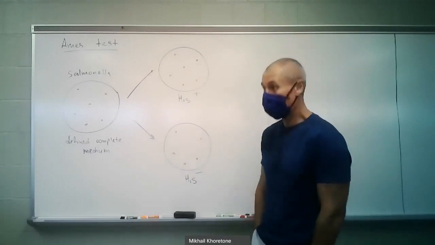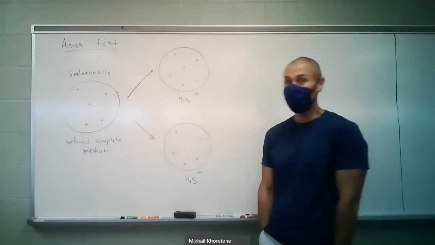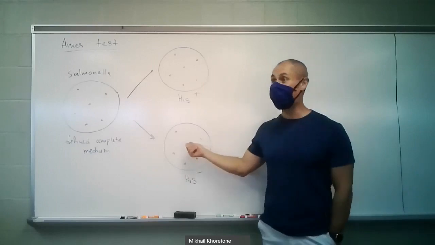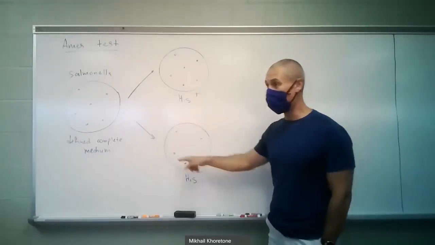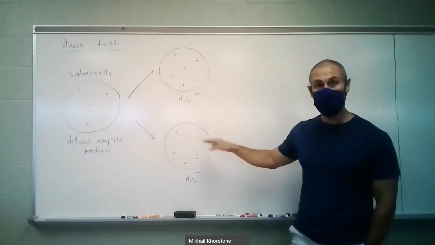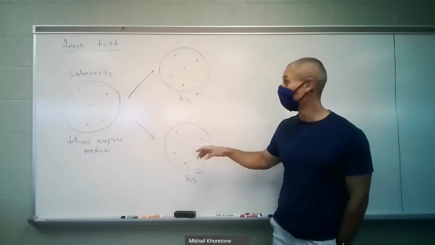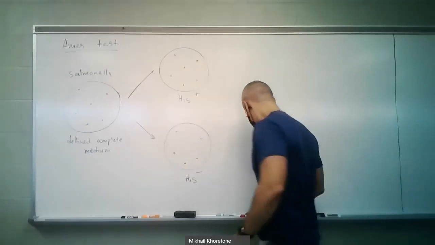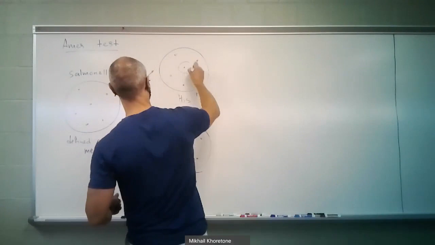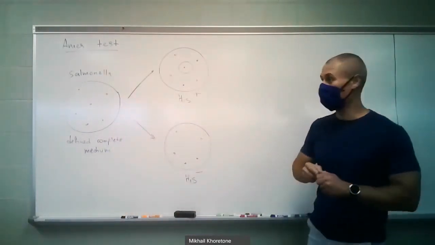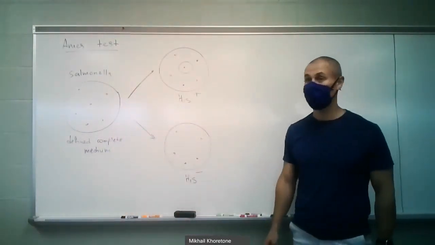Yeah, absolutely. Because I took the amino acid out and they need it and they cannot make it. You see the difference? These 5 colonies, they can make their own histidine. This colony right there cannot make its own histidine. Does that make sense?